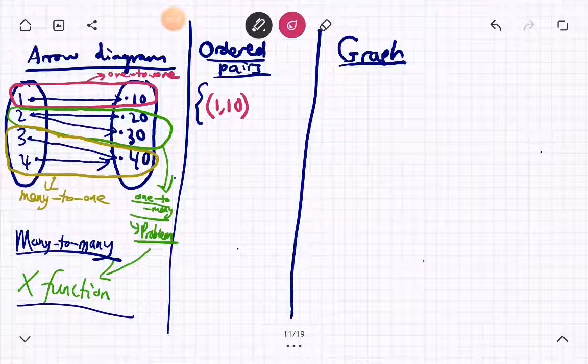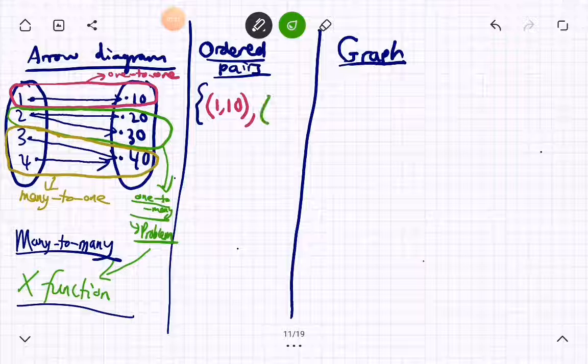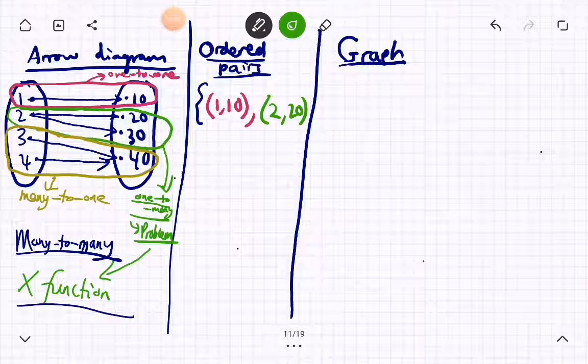Then we put a comma. What's the next group? The next is the green group. The green group has two arrows. The first arrow is 2 to 20 and the second arrow is 2 to 30. Notice that both have the x coordinate 2. So we have the same input in both cases but different outputs.